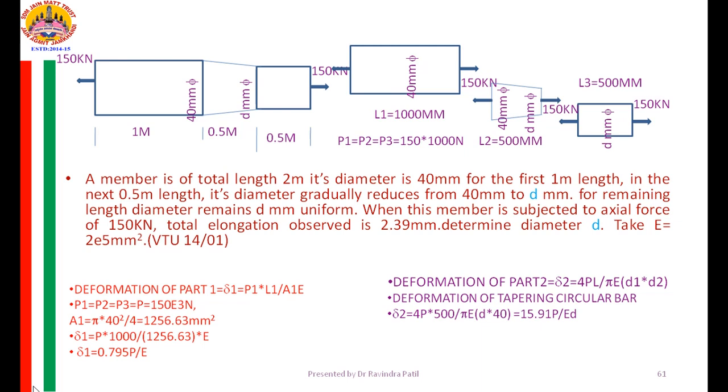Hence you substitute the values here. 4P, L is 500, pi E, one D is D, other D is 40 mm. Substitute all those values, you will get del 2 is equal to 15.91 P divided by E into D.